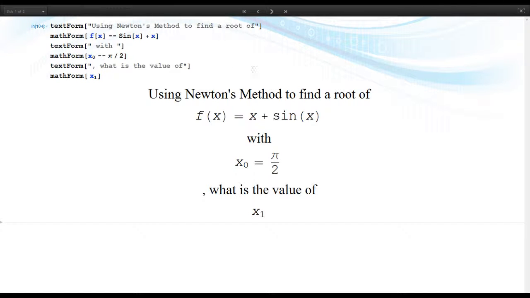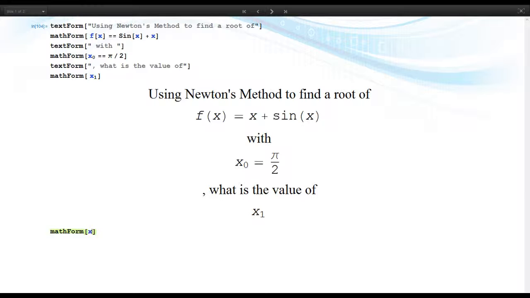Okay, so using Newton's method to find a root of this function, with that as our initial guess, what is the value of our first approximation? So the formula for Newton's method looks like this.